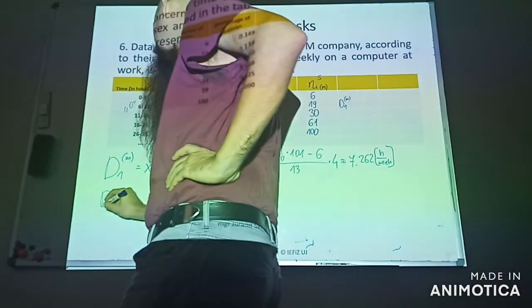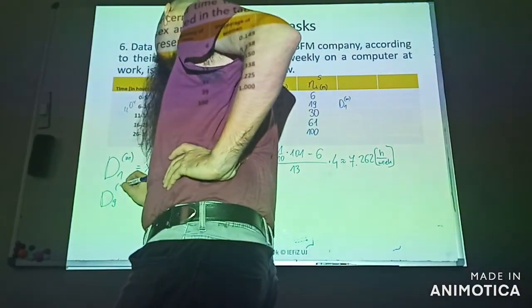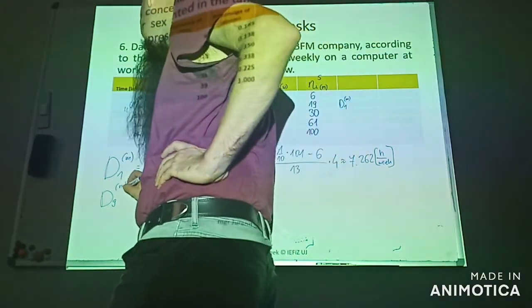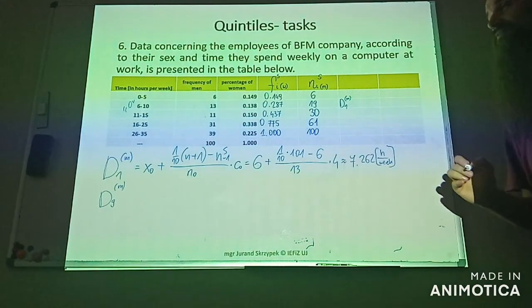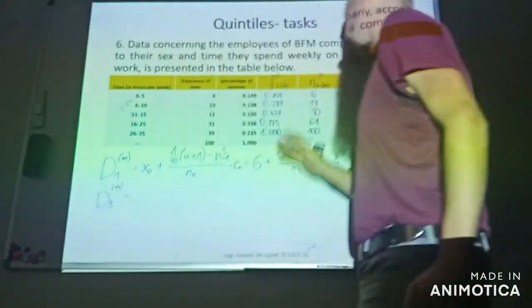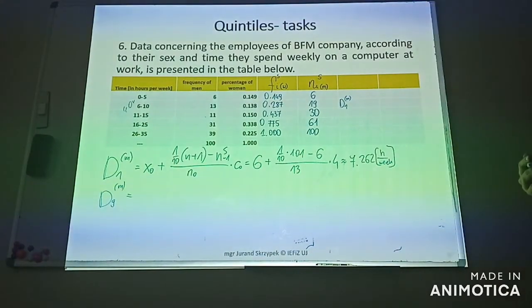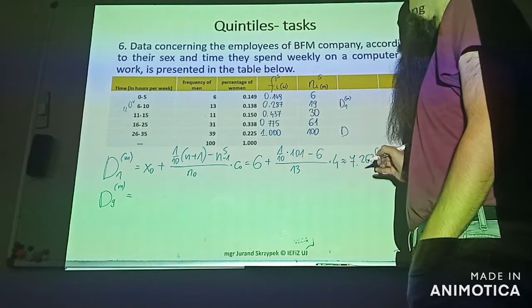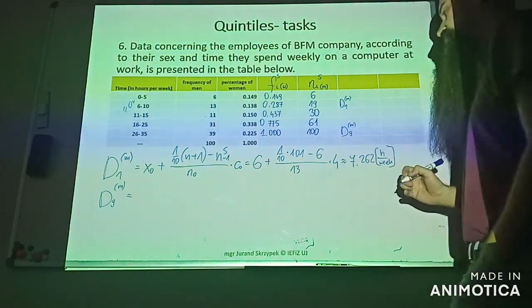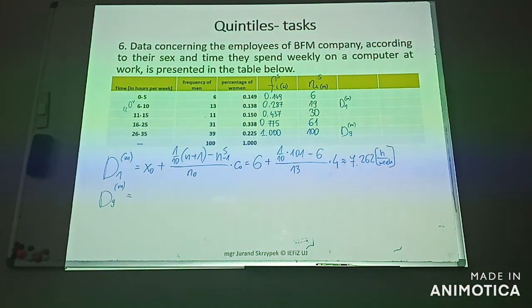The last decile is the ninth decile. It's hard to pronounce. So we are looking for the class in which we exceed 90 for the first time. Of course, it happens in the last class, the class of the 9th decile.